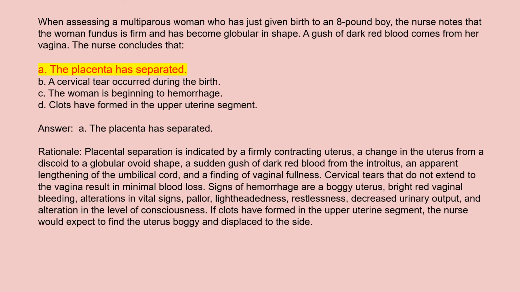Rationale. Placental separation is indicated by a firmly contracting uterus, a change in the uterus from a discoid to a globular ovoid shape, a sudden gush of dark red blood from the introitus, an apparent lengthening of the umbilical cord, and a finding of vaginal fullness. Cervical tears that do not extend to the vagina result in minimal blood loss.